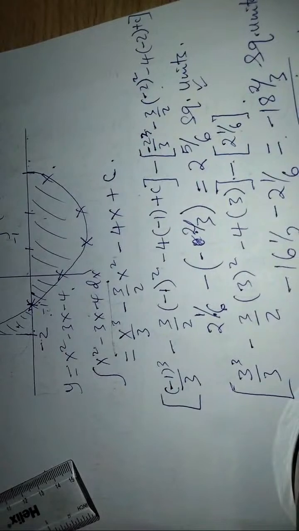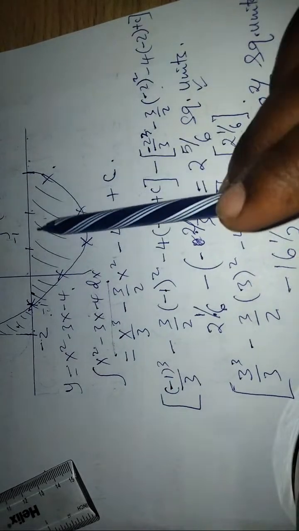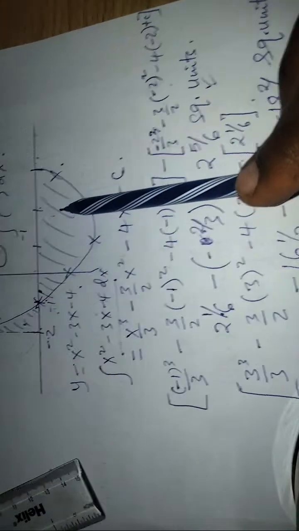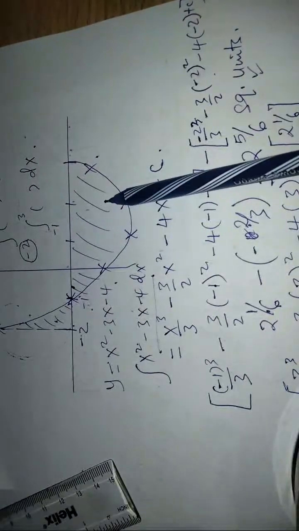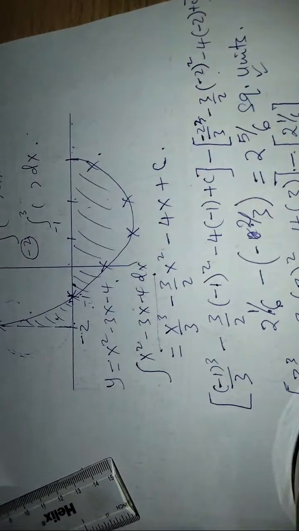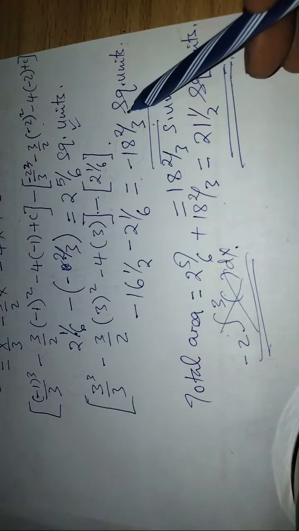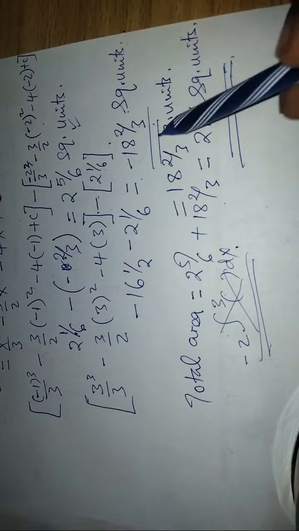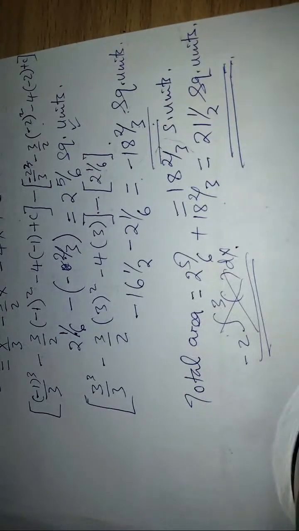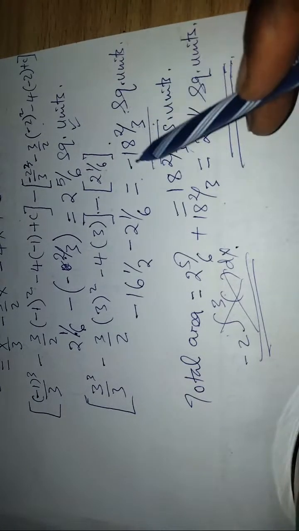Remember that the area below the curve will be negative, and the negative answer is simply meaning that the area is below the x-axis. So when it is a negative value, we have to take the absolute value, because we just want the amount of area, regardless of where it is.